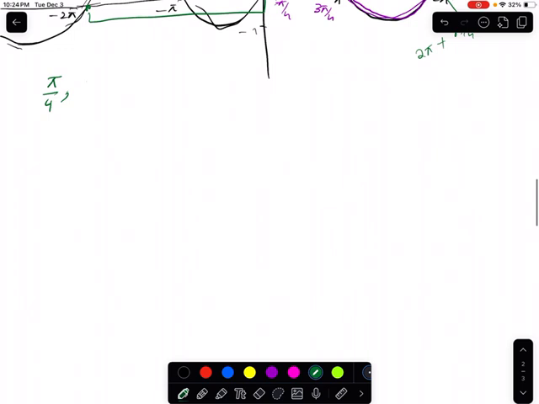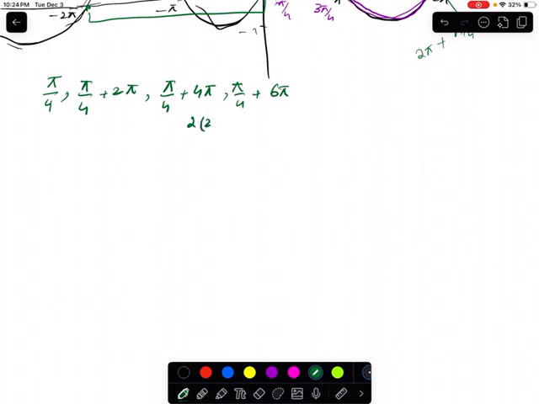We get pi over 4 plus 2 pi, pi over 4 plus 4 pi, pi over 4 plus 6 pi. These are integer multiples of 2 pi, because 4 pi can be written as 2 times 2 pi. So I can say pi over 4 plus 2 times 2 pi.